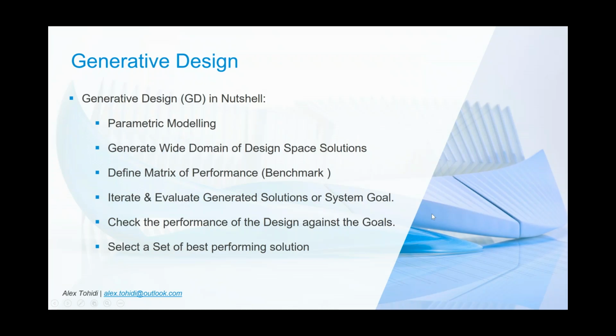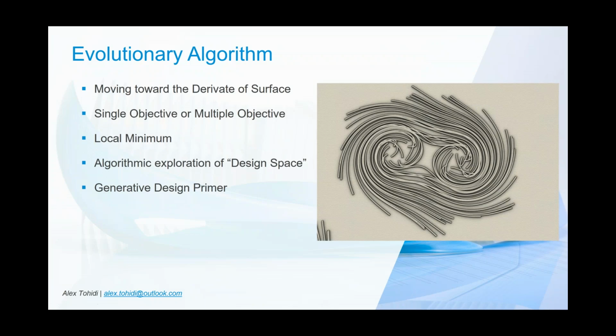The underlying logic and everything has to be built prior to moving to that. I won't talk much about this, but this is the evolutionary algorithm, one method that helps you select the best performing solution. You get the surface of the solution and then essentially get the derivative of it. Think of how rain goes: if it's raining on a surface, it always finds the lowest point and goes that way.